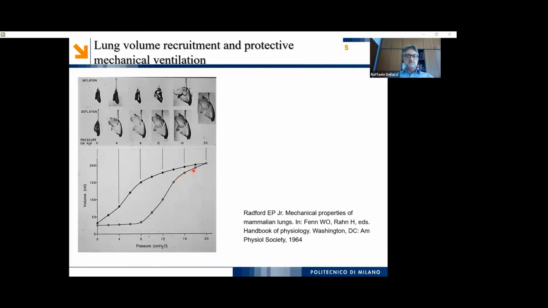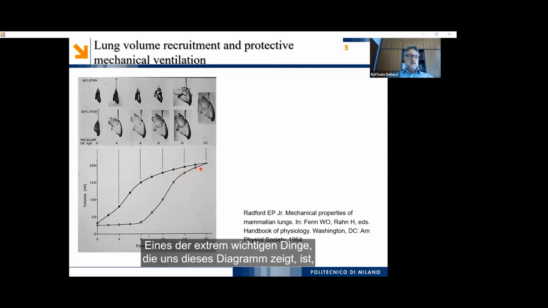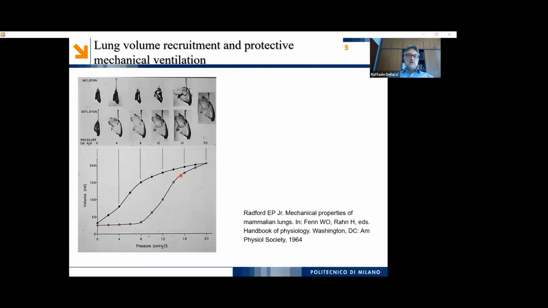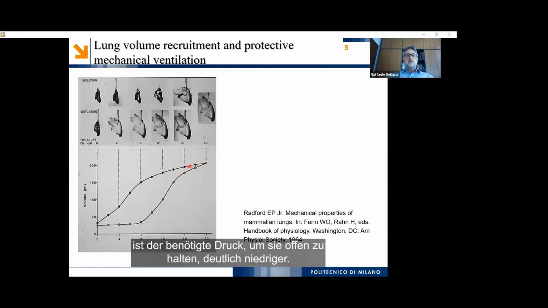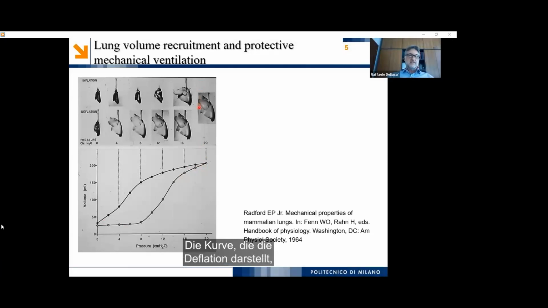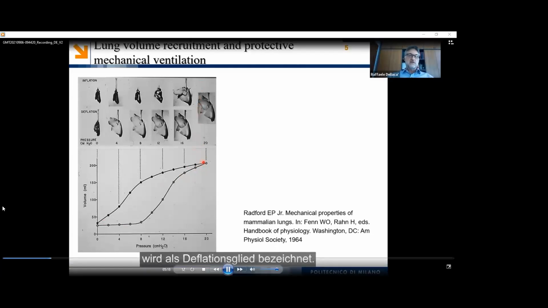ventilator-induced lung injury. One other extremely important thing that this graph is telling us is that this curve is different during inflation and deflation. Once we are able to inflate the lung, the pressure that is needed to keep it open is actually much lower. And this is clearly represented by pictures and the graph that is representing the deflation, the so-called deflation limit.